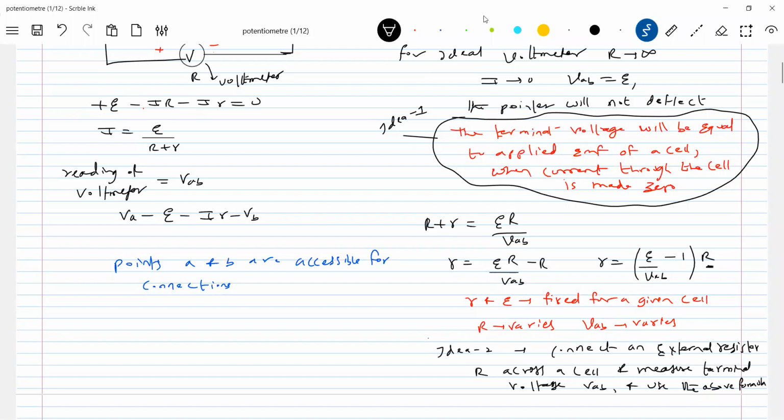This is the idea two. So all our problems now just revolve around these two ideas.